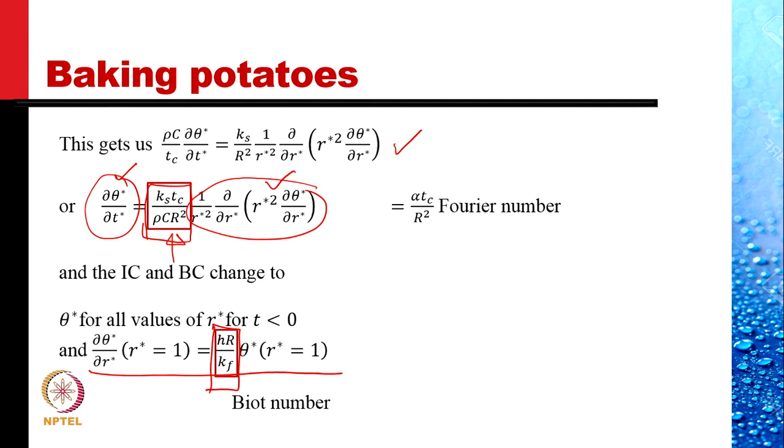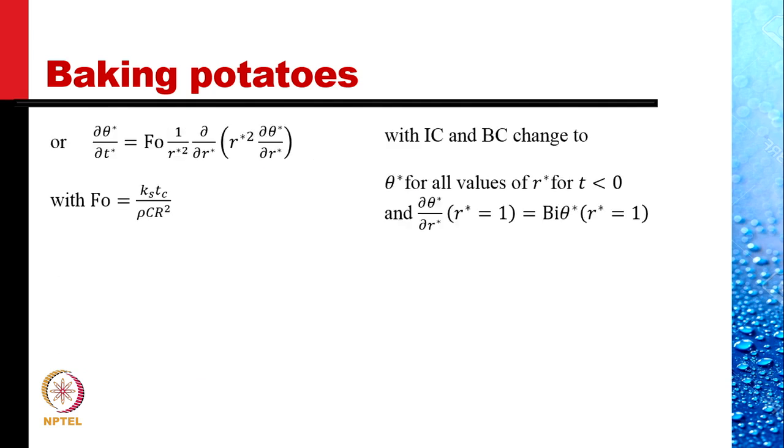Notice that in the Fourier number it is the thermal conductivity of the solid, and in the Biot number it is the thermal conductivity of the fluid. So this is what the equation looked like after we inserted the Fourier number and Biot number in the equations.